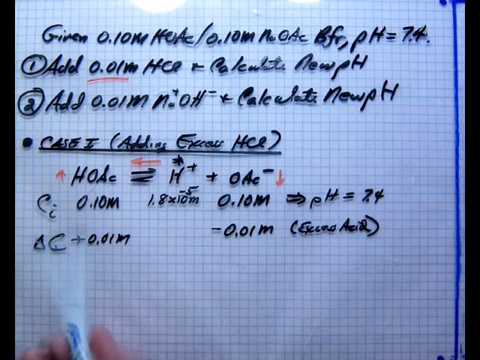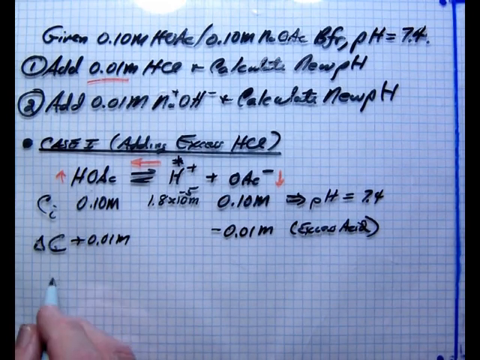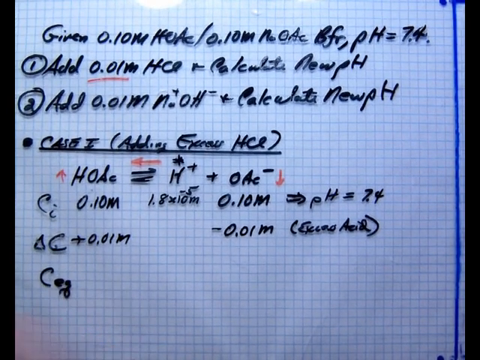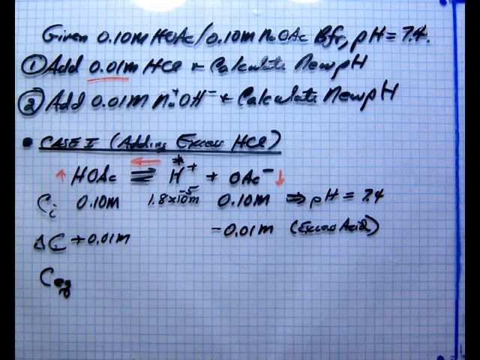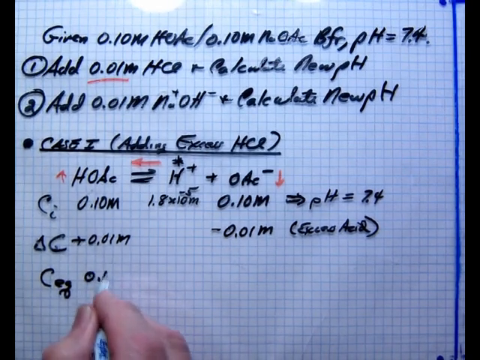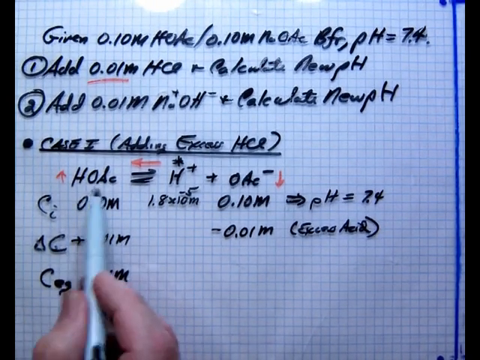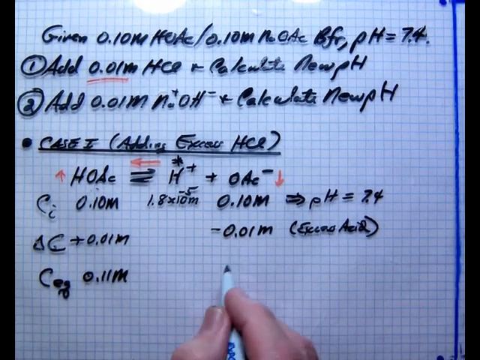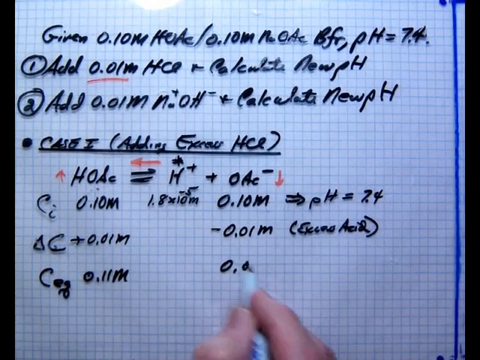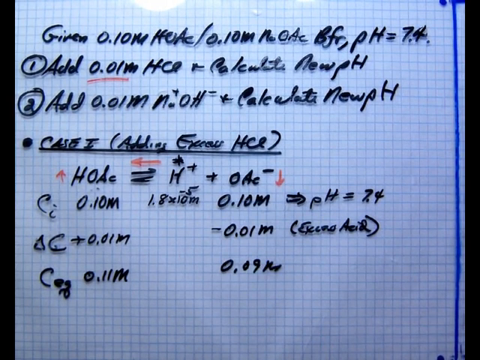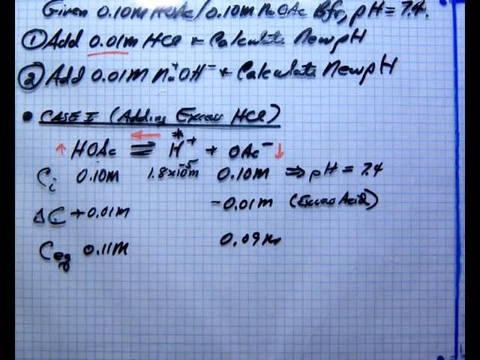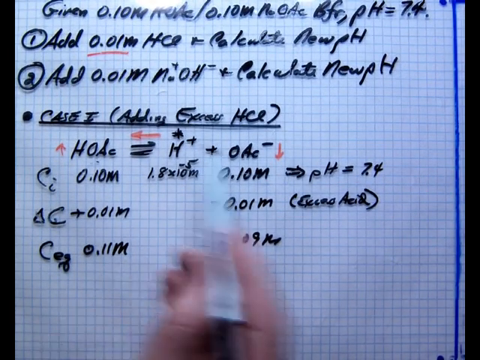And when that happens, you reestablish the equilibrium. So once the new equilibrium is formed, we now have 0.11 molar in acetic acid, and we now have 0.09 molar in OAc.